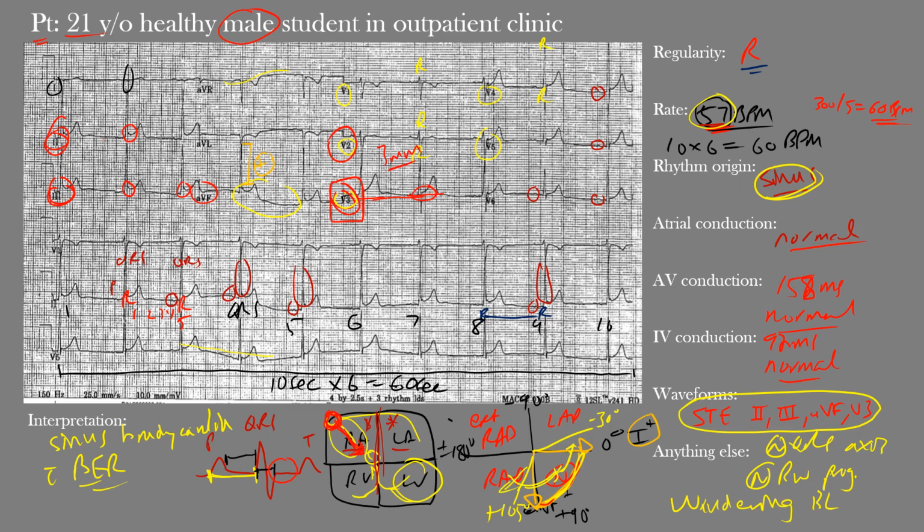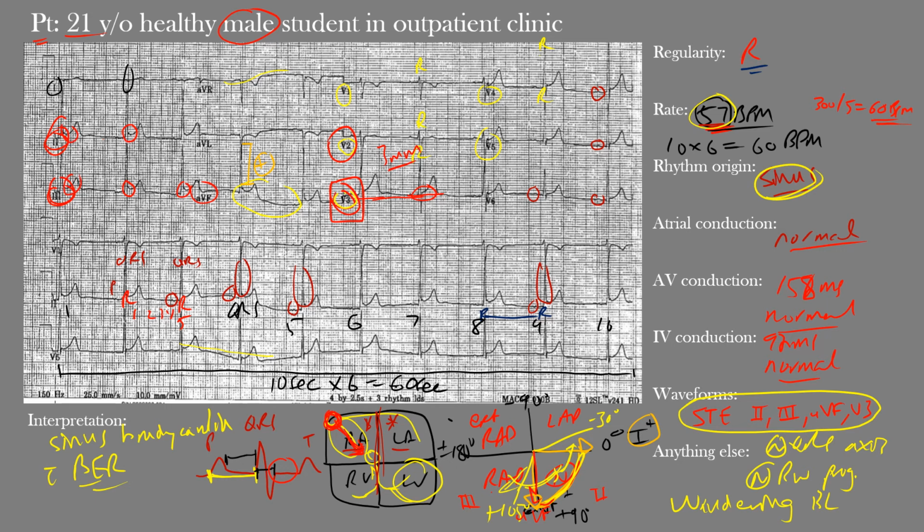This is because the ST vector in the frontal plane, if present, is directed inferiorly and often leftward, in the direction of those inferior leads. So heading down this way, lead 3 was here, lead 2, and lead aVF. If it's heading that way, you have that vector heading in that direction, so positive, and we see those ST elevations in those inferior leads.